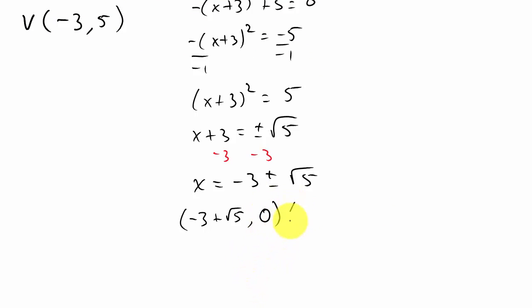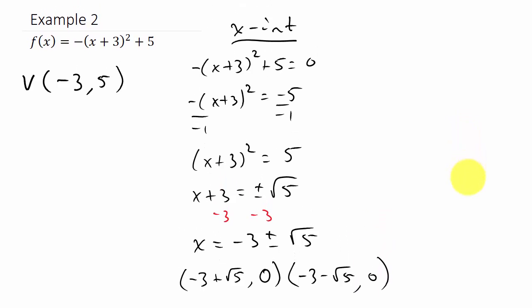And my other x-intercept is -3 minus square root of 5, 0. So there's my x-intercepts. Now let's look for our y-intercept.